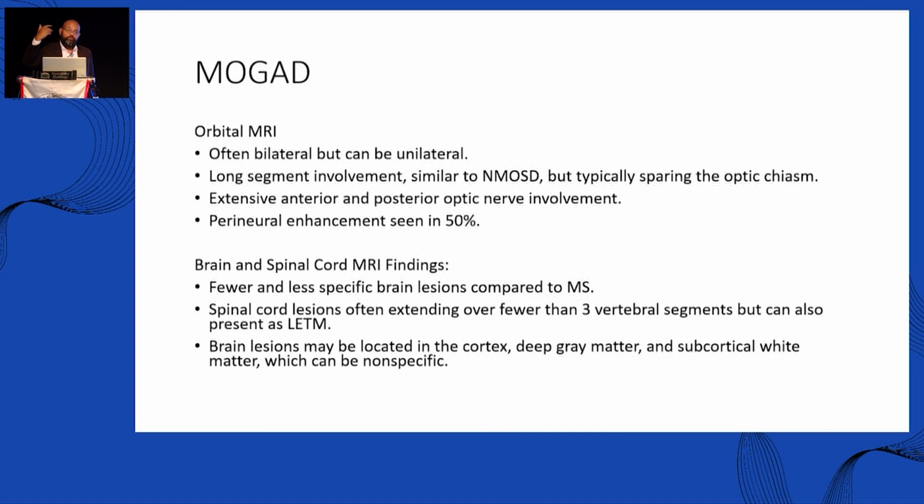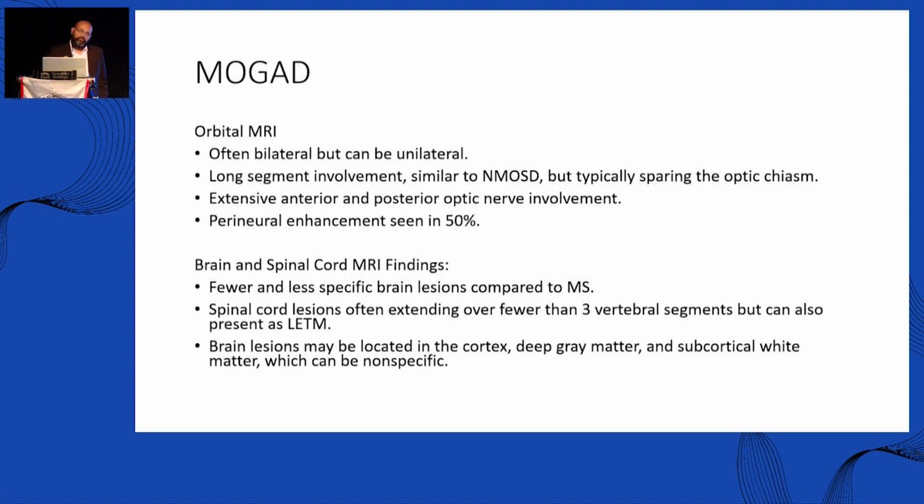So if you have papillitis, which is either sequential or bilateral, you are most likely dealing with MOG rather than MS, right? And that is also supported through imaging. So it's often bilateral, again a long segment, more than half of the optic nerve is involved. And what is very specific is that there is perineural enhancement, because the antibodies affect the myelin sheath.